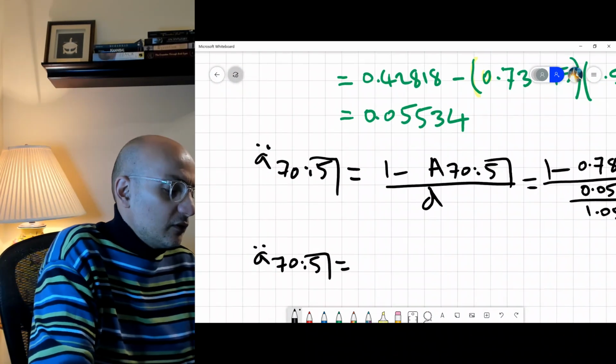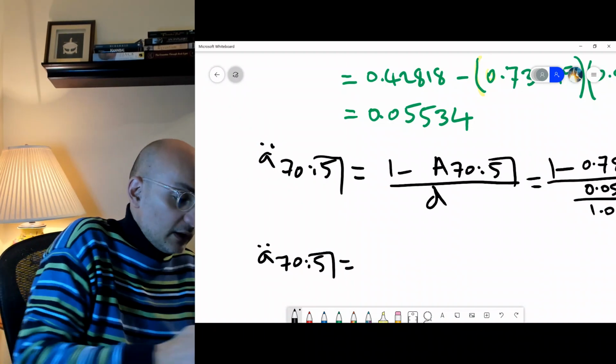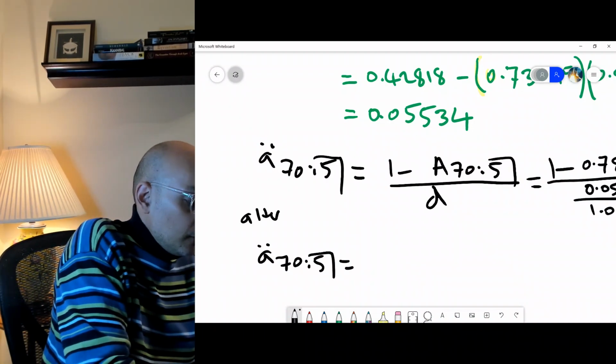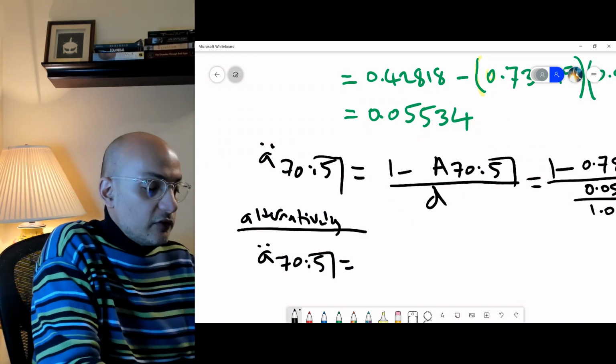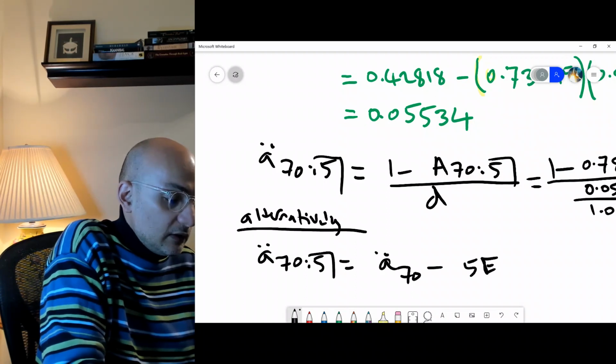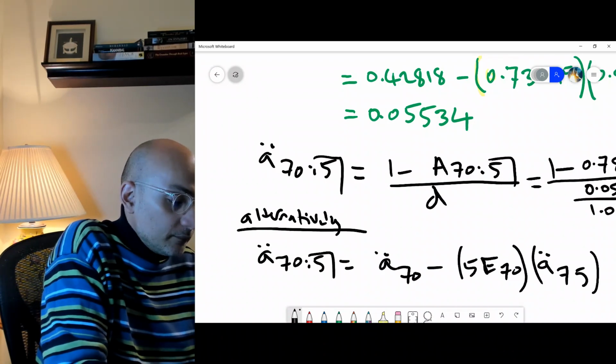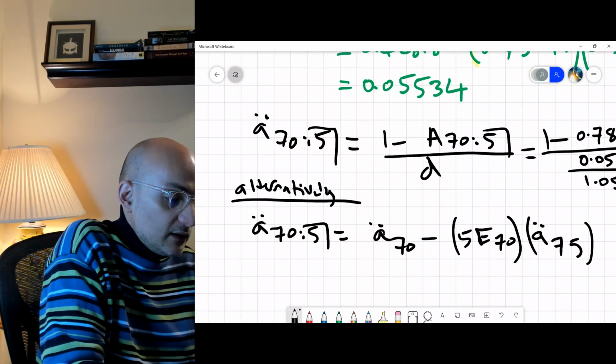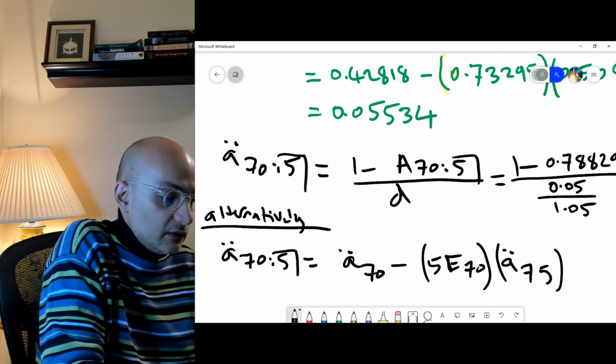But just if you're curious, the alternative way, directly from the life table: A70 minus 5E70 and A75. You can also do this one. So we have the A70 and then we take the 75 from it.